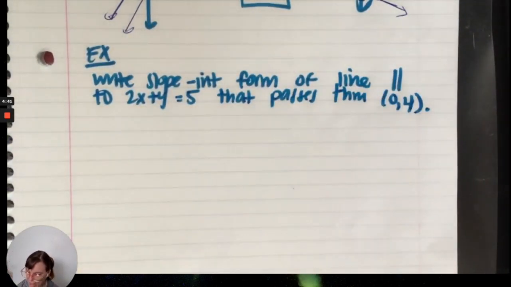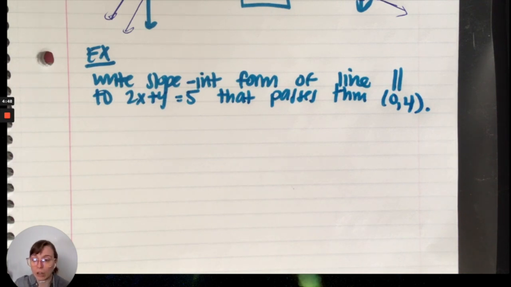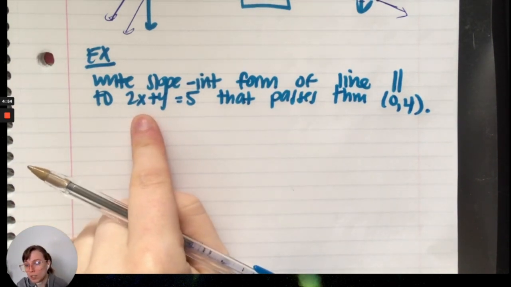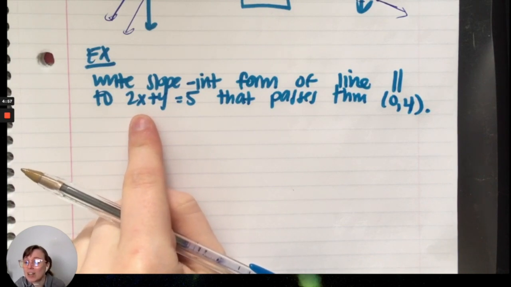The parallel symbol is the 2 bars, which are 2 buttons above your shift key, shift bar. Now, there are a lot of steps to this type of question. I specifically picked one that is extremely difficult and challenging because I wanted to make sure you have an example like that in your notes, okay? So this is written in slope-intercept form, standard form, or point slope. It's written in standard form.